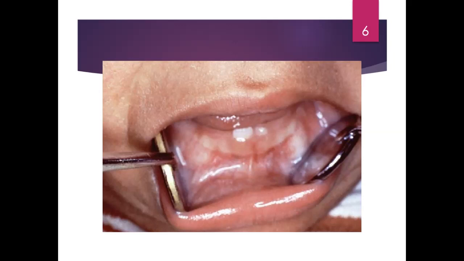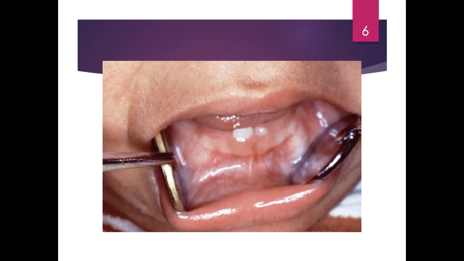You may run the risk of aspirating, especially during feeding. So recommendations tend to lean towards extracting those teeth, so that the patient doesn't run the risk of aspirating. And it's also very painful for the mother, especially when breastfeeding. So prepare the parent for that.